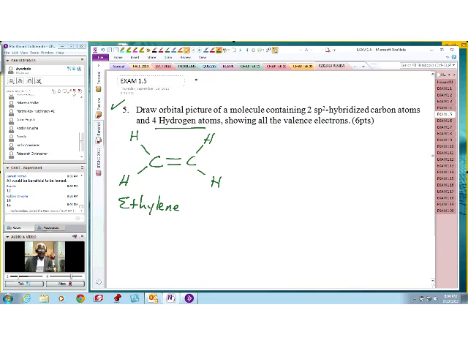If you look at this molecule here, you have a sigma bond and another sigma bond here. You also have a sigma bond here, and another sigma bond here.